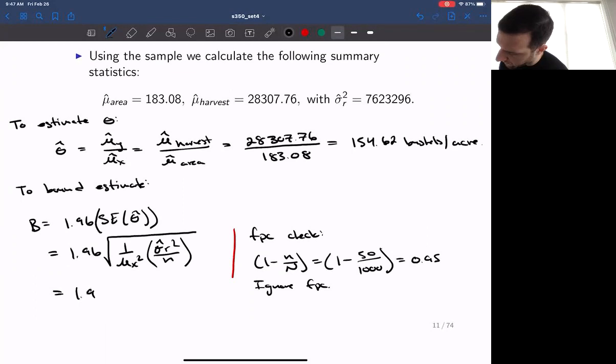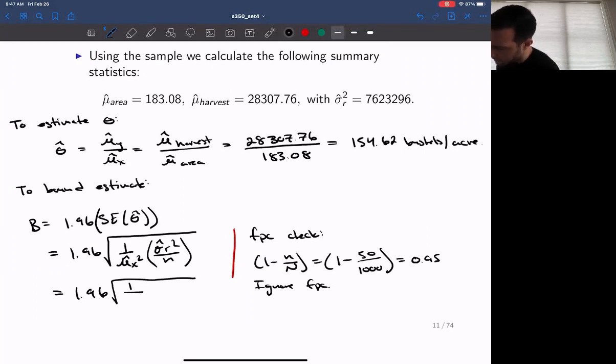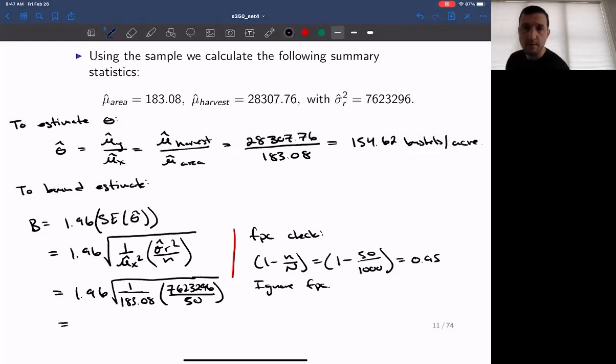So this gives us 1.96 multiplied by the square root of 1 over 183.08 multiplied by 7,623,296 divided by 50, which is equal to 2.132, 2.133.